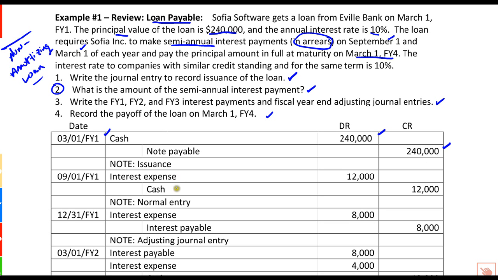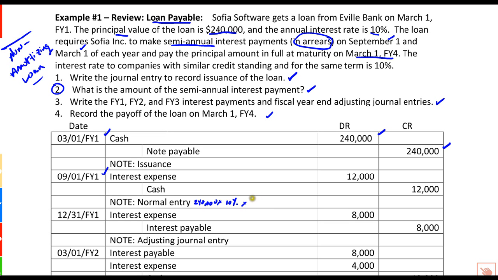Where does the interest expense come from? So we issue on March 1 and we have a September 1 payment. It's $240,000, the principal, times the annual rate, times March, April, May, June, July, August.